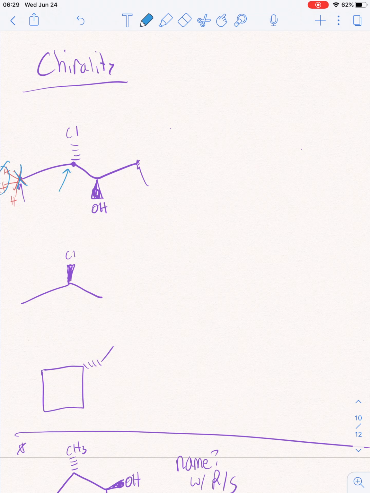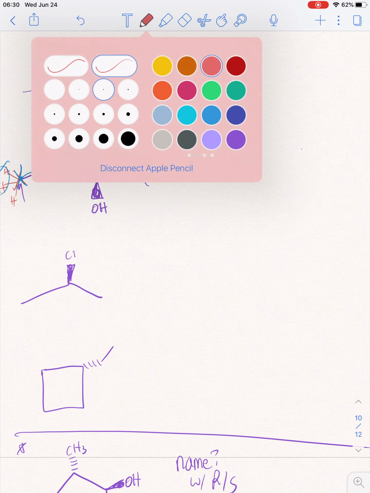What about this one? This carbon is attached to a carbon, also attached to another carbon, and it's attached to a chlorine, and there is a hydrogen in the back. Now we have a tie, right?